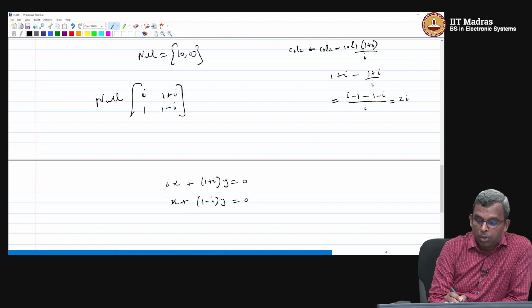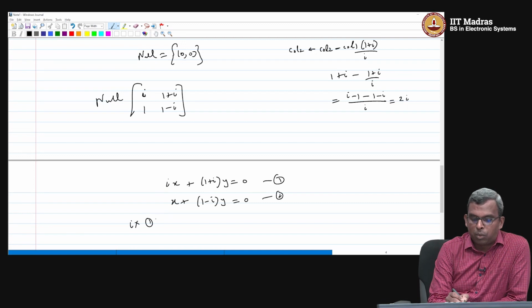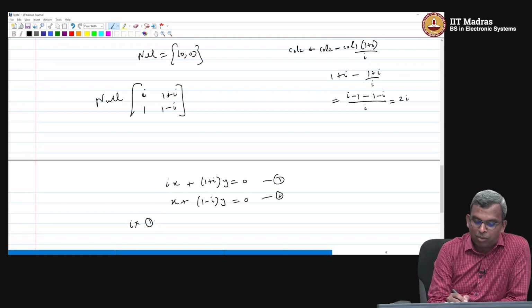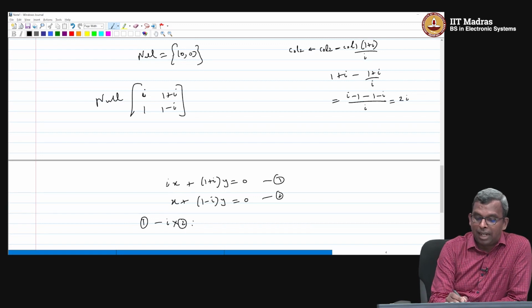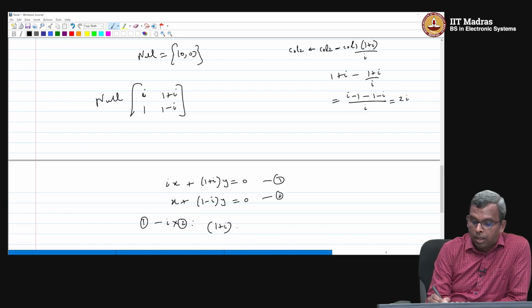You just multiply this by i and add. This is equation 1, equation 2. I can do i times equation 2, so this will become minus 1 and then I can add it to 1. I hope that is clear to you, but let me do it more carefully. Multiply by (1-i) and subtract.